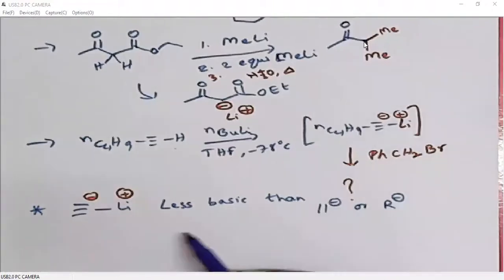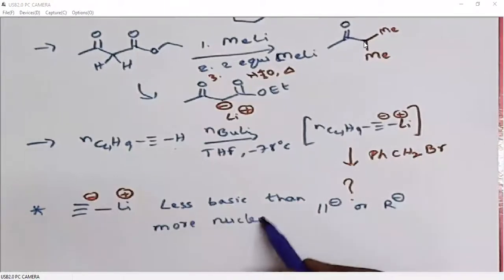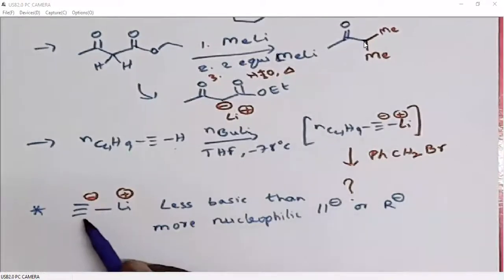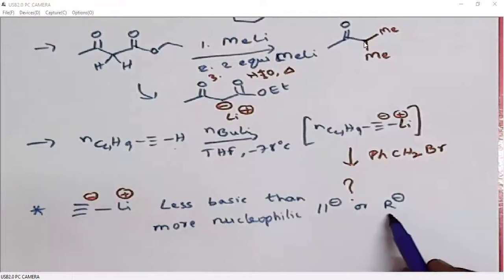When we look at the nucleophilic character, negative charge on sp hybridized carbon is more nucleophilic than vinyl anion or simple alkyl anion.